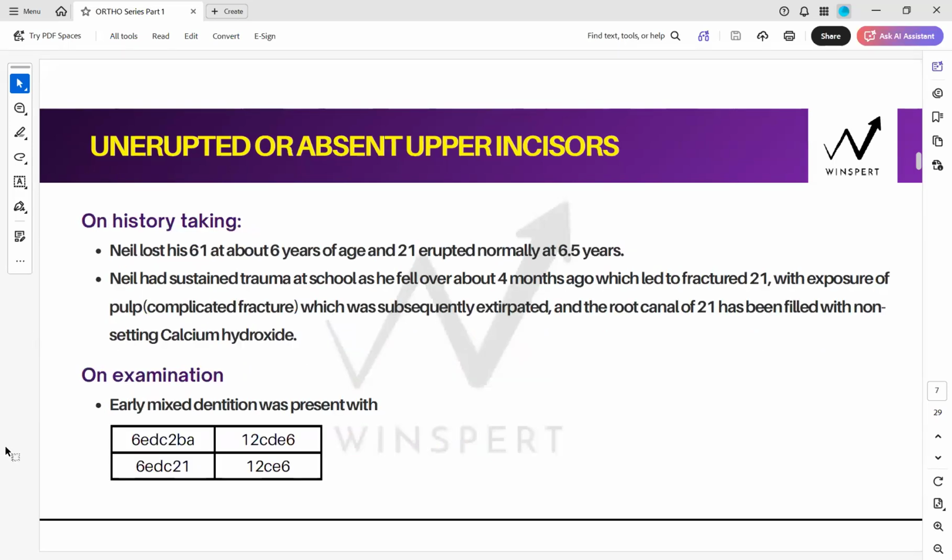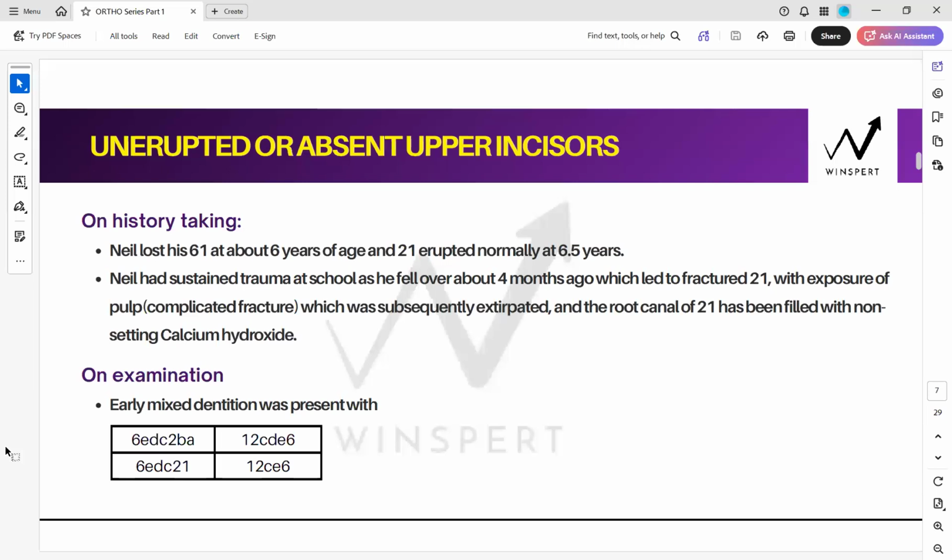Now, upon taking history, what you found was that Neil lost his 6-1 at about 6 years of age, and 2-1 erupted normally at 6.5 years.